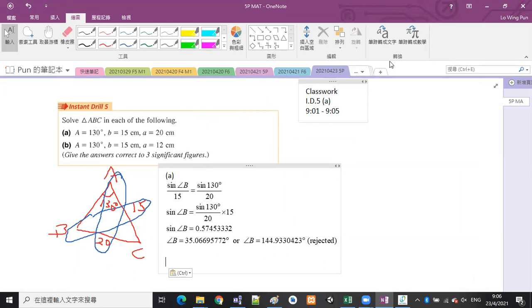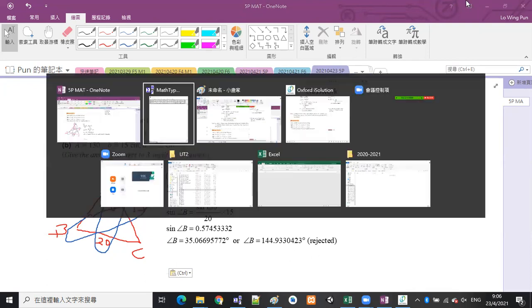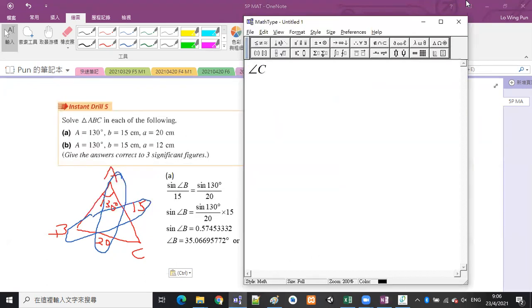Can you find the angle B to be 35.0 something? Okay, good. And then angle C should be using angle sum of triangle.